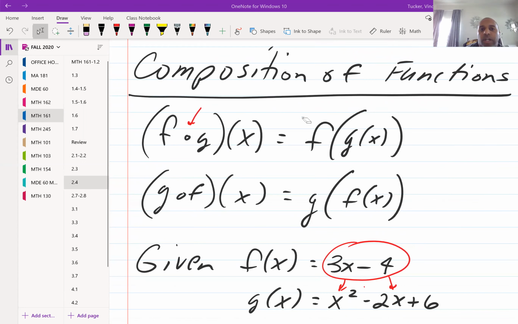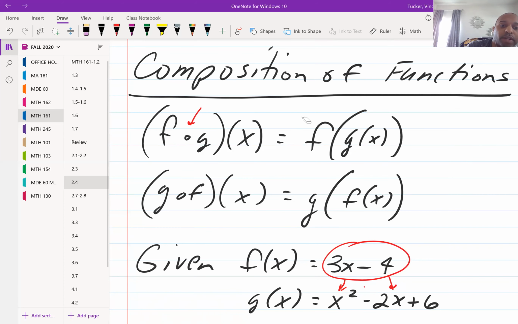All right, so the composition of functions. We have f of g of x, and g of f of x, wherein all it means is that you're going to take the function that comes second and plug it into the original function.